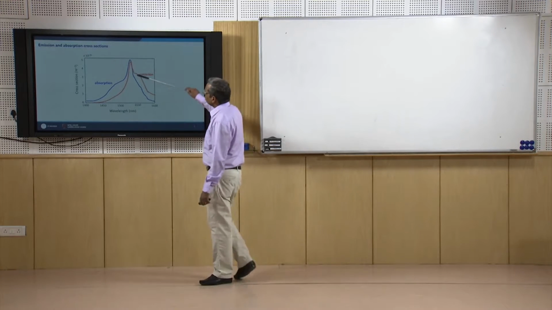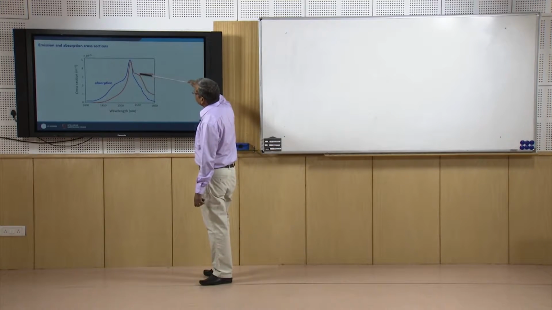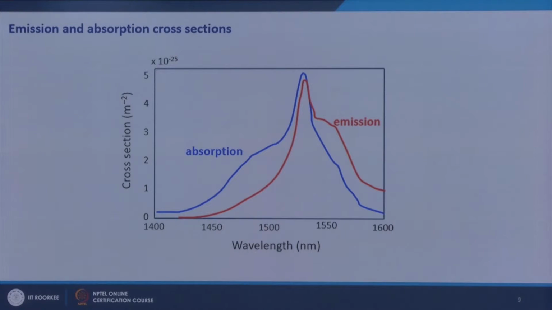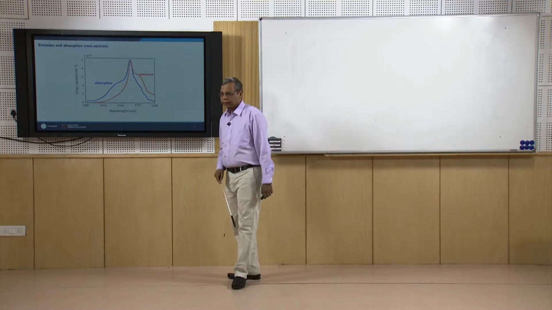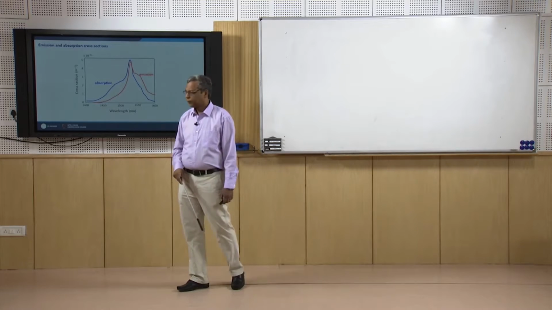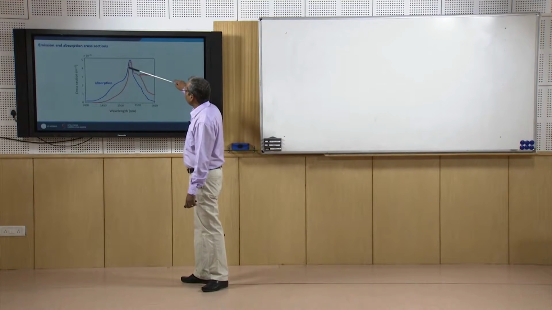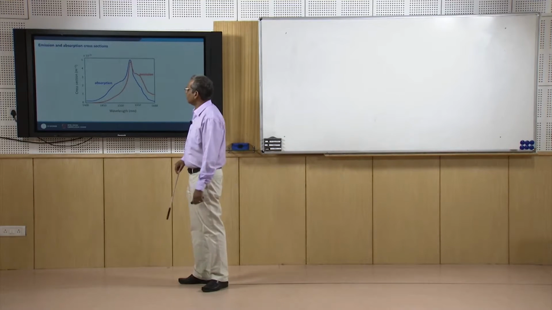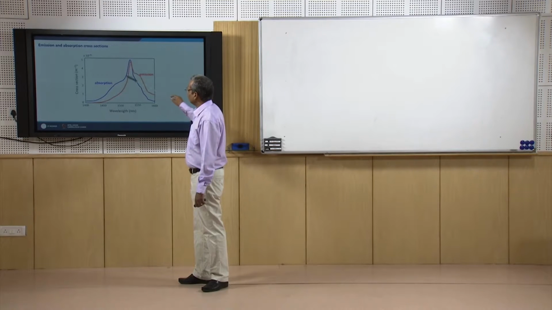So, here I can see that in this region my emission cross section is larger than the absorption cross section. So, the emission will dominate over absorption and I can readily have the gain. However, in this region I will have to do something very special to obtain the gain.